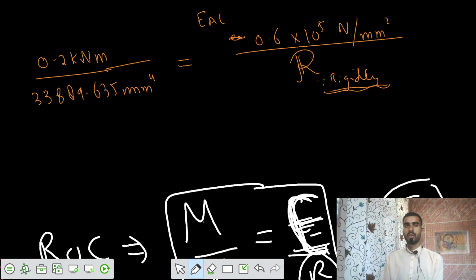They bend together. So we got the value of the radius of curvature equals 10.1669 meter.